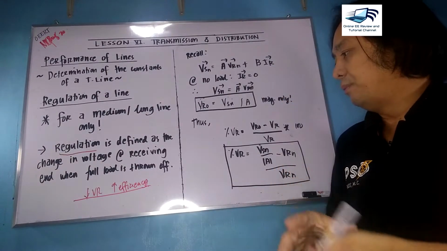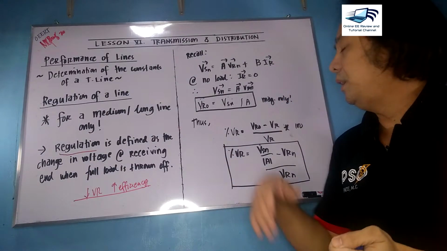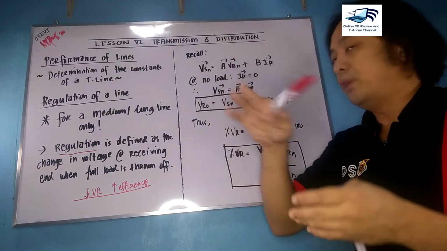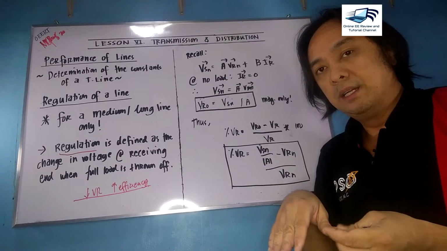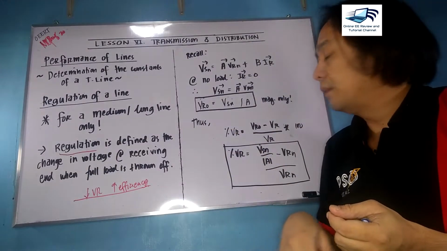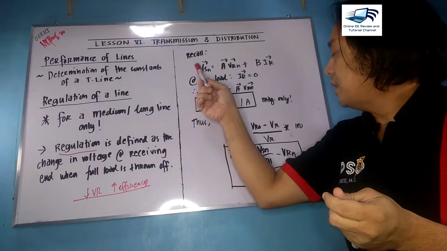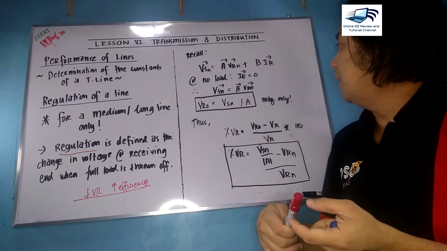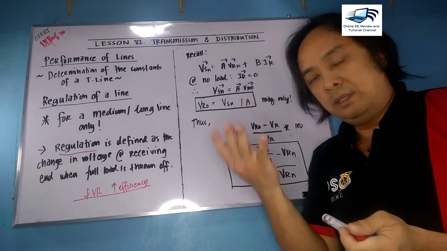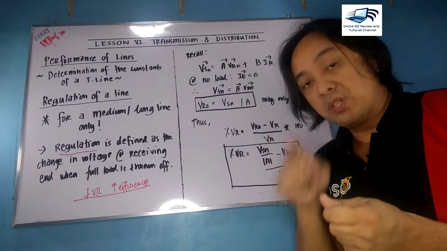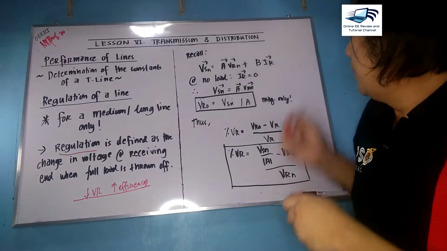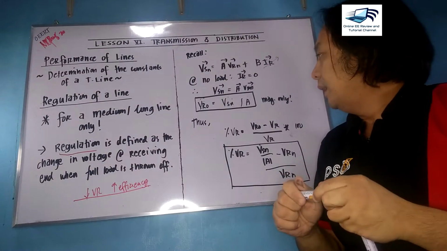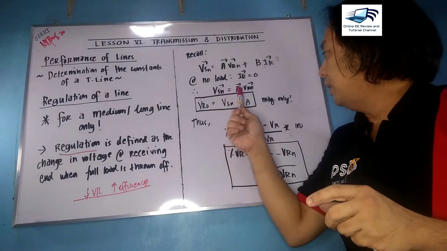So let us have a recall on the ABCD constants. So we have this first row. This is the row for VSN, which is A VRN plus B IR. So it means that if there's no load, there's no current at the receiving end. So we can have the B IR as 0 here, and it will leave behind VSN equal to A VRN.